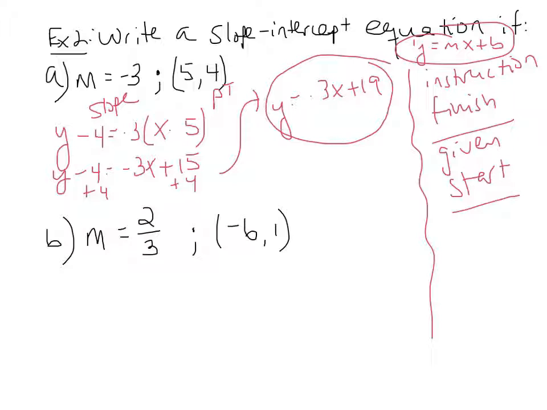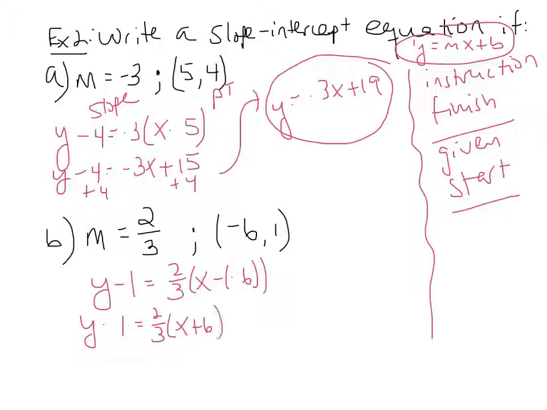But notice that we started with a point-slope equation. We'll do the same thing in example B. y minus y1 equals m times x minus x1. Let's get rid of the double signs first. So this is x plus 6.